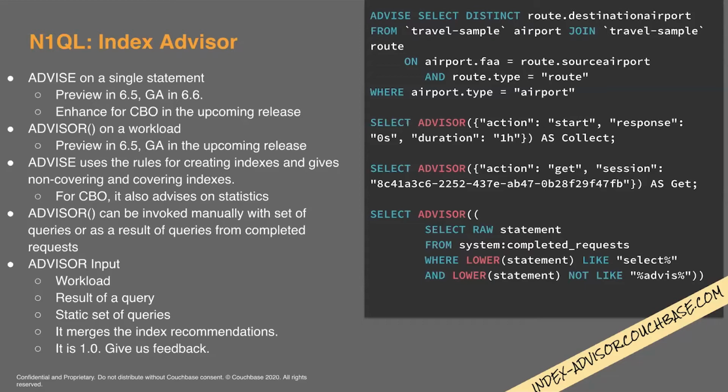In the next release, advisor is going to go GA. What we have done for both of these facilities is to enhance them to take a sampling of the data, understand how the cost-based optimizer does, and make the advice even more optimal, so that what we recommend as part of this advice works well with the cost-based optimizer.